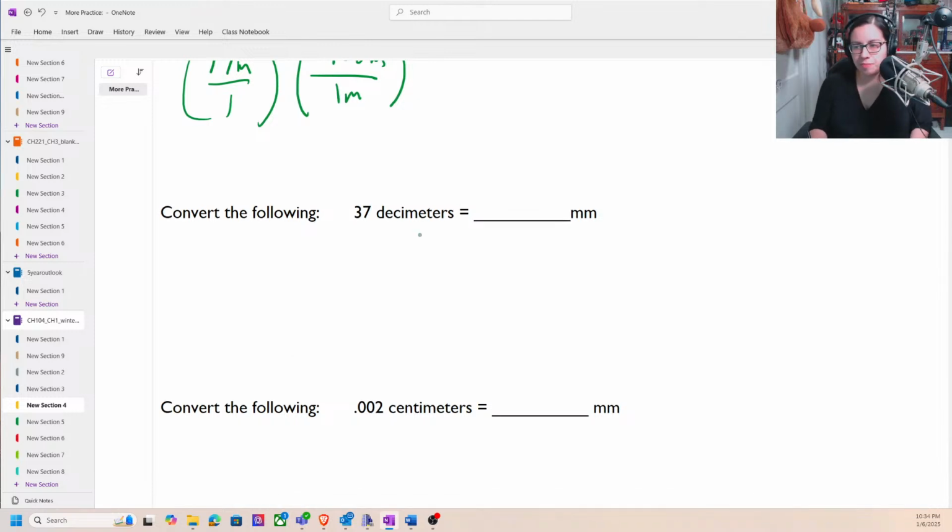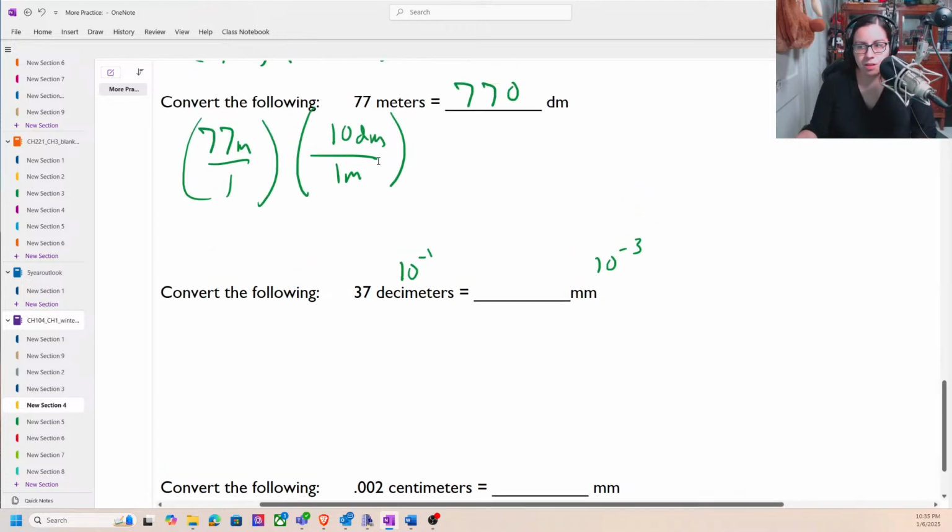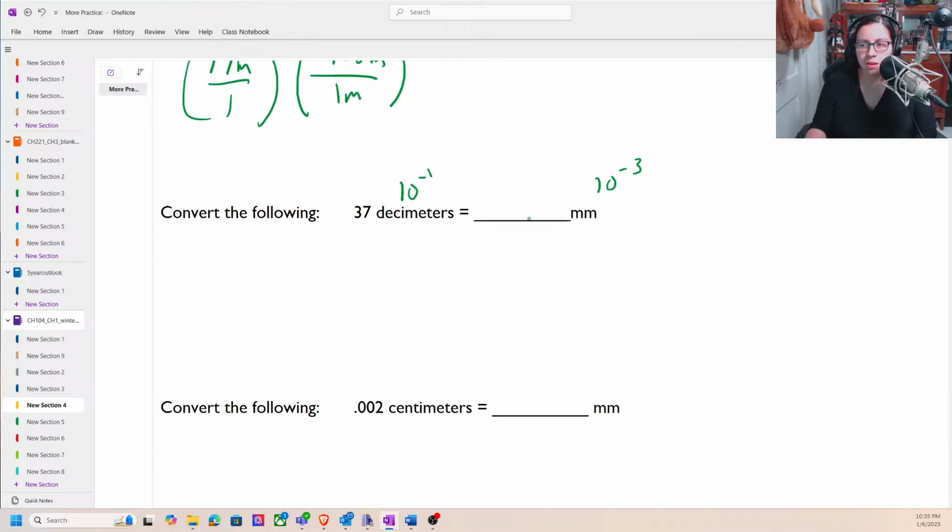Now this, again, could be an odd one for some people. So we have deci. Again, 10 to the negative 1, milli, 10 to the negative 3. And so it depends how we're feeling, right? So maybe you want to do a 2-step conversion if that feels more comfortable, even though it almost seems silly, but you know, don't feel silly about it.